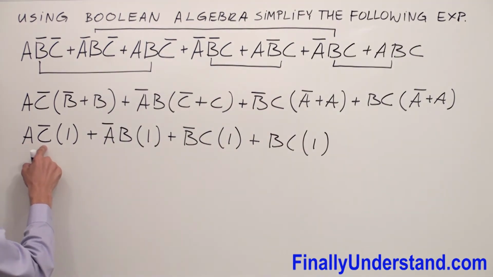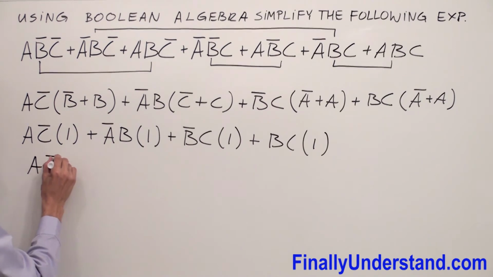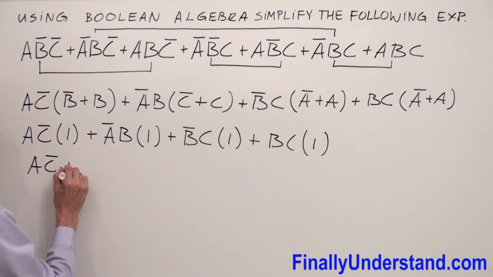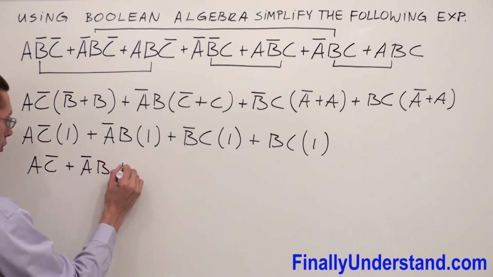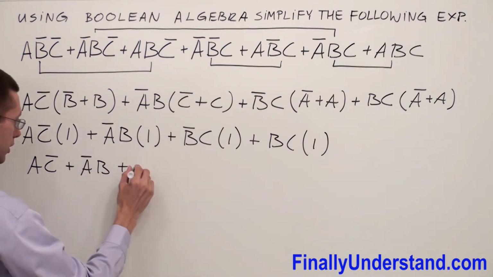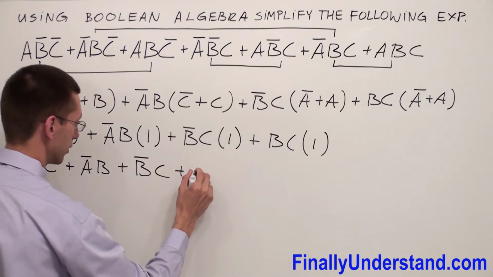A c naught times 1 is always a c naught. The same story is going to happen with a naught b or b naught c or bc.